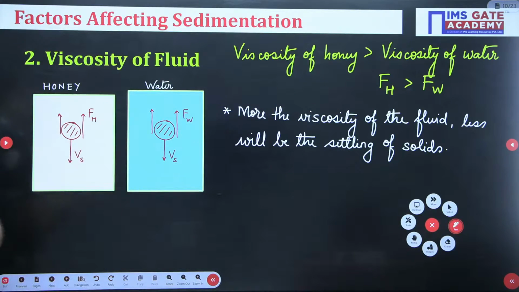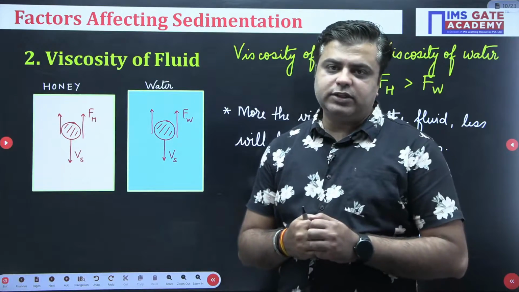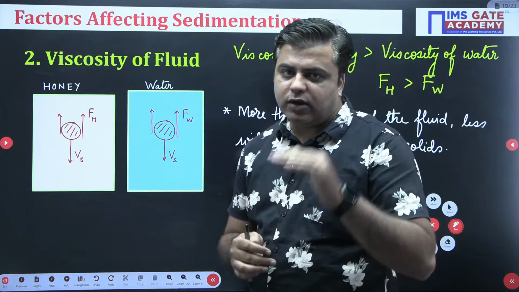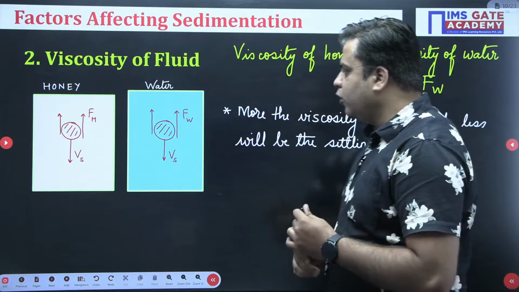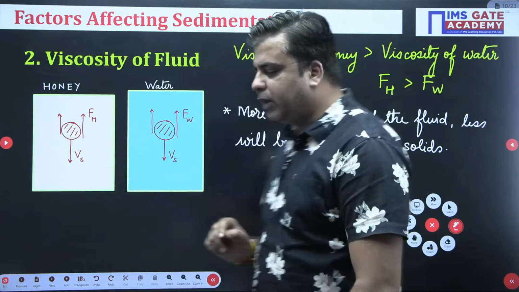So this is how it goes. This is the second factor which affects the settling of solid, that is the viscosity of the fluid. If the viscosity of the fluid is more, then the settling of the solid will be less, because more frictional resistance will be applied by the fluid over the settling of the particle.